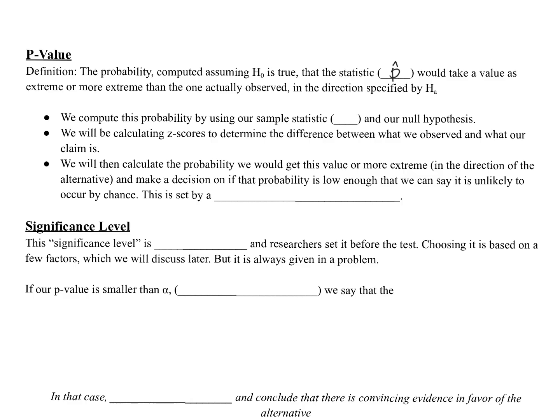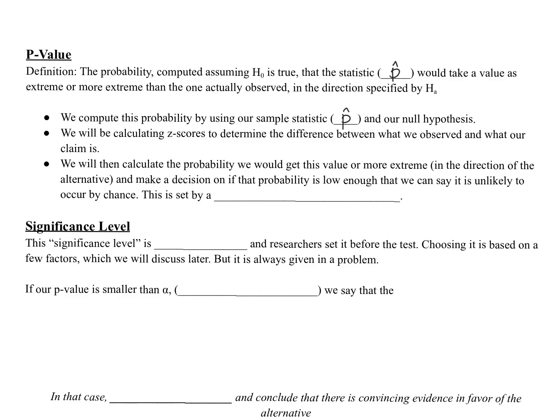So what that is basically saying is the p-value is how likely you get the p hat that you calculated, or something smaller if your alternative hypothesis is less than, or something greater if your alternative hypothesis is greater than.